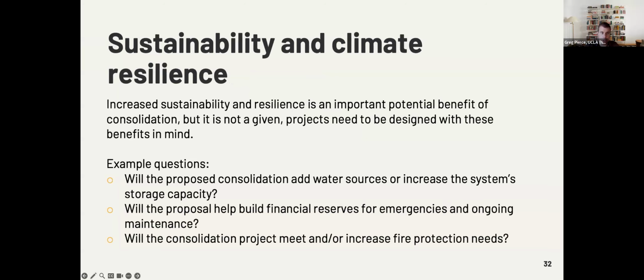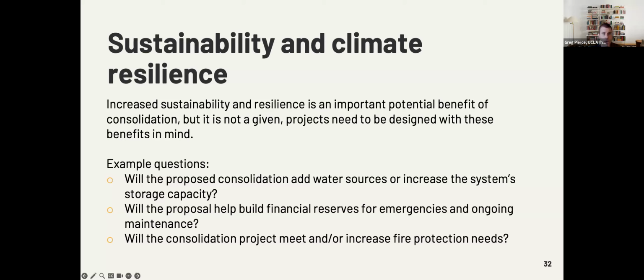I think we only have 2 more here, so I'm going to power through and then turn it over to Justin. But I think 2 additional considerations are around sustainability and climate resilience that are increasingly important. And some questions to ask here are around, will the proposed consolidation add or decrease water sources and water storage capacity?